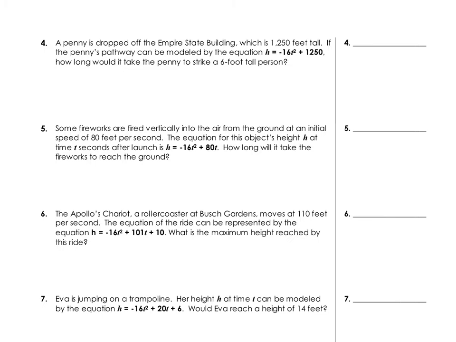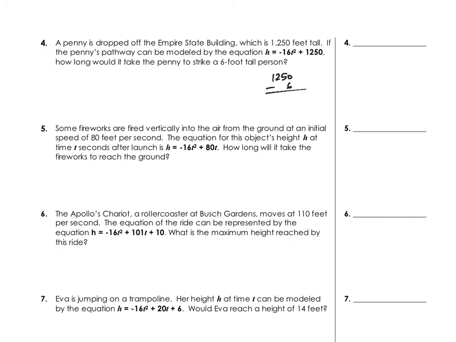All right, so here's the equation. It can be modeled by h equals negative 16t squared plus 1,250. How long would it take the penny to strike a 6-foot tall person? Okay, so let's think here. If the Empire State Building is 1,250 feet tall, then we're actually looking to see when it reaches 1,250 minus 6, right?